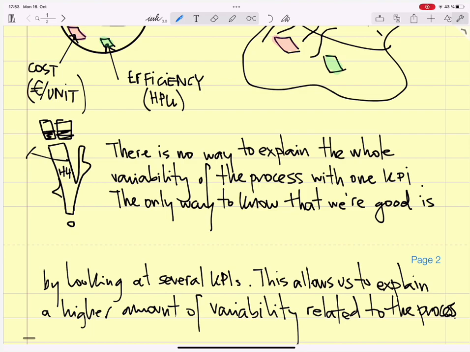Okay? And one way to do it, there are many, but one way to do it is by doing audits. So an audit is a qualitative way of looking at these things. Okay?